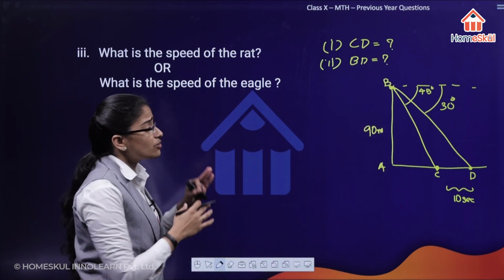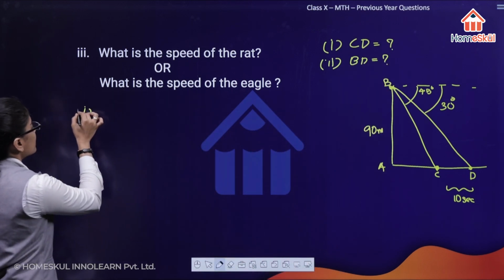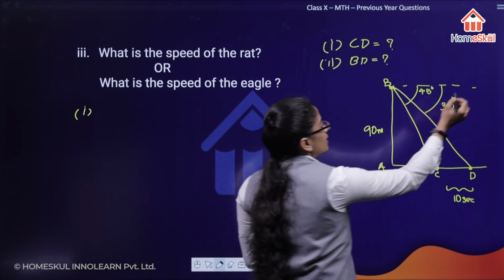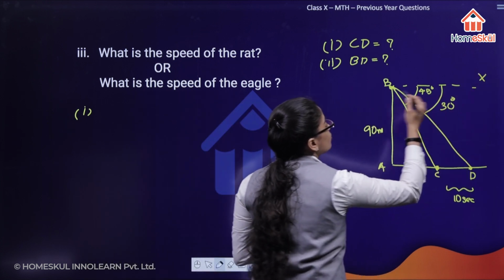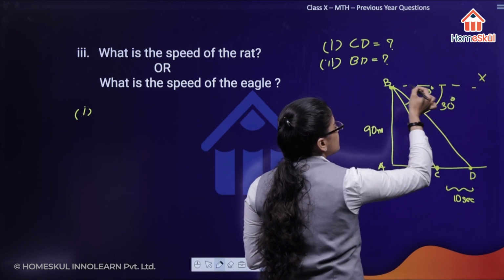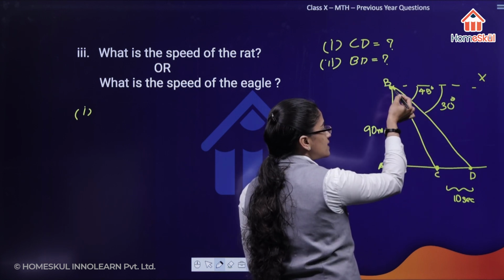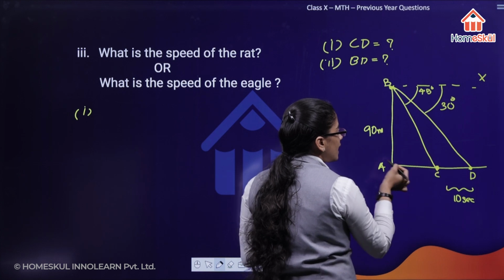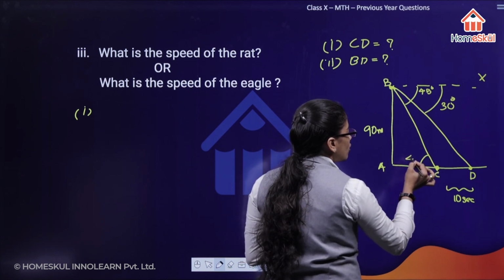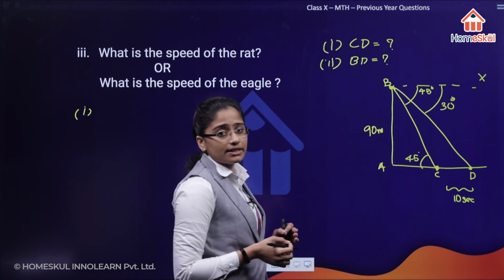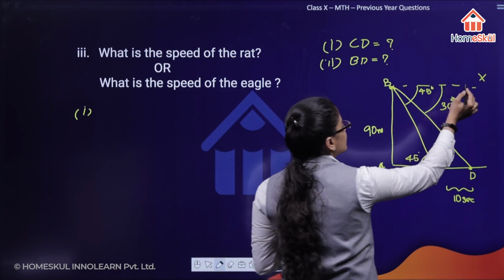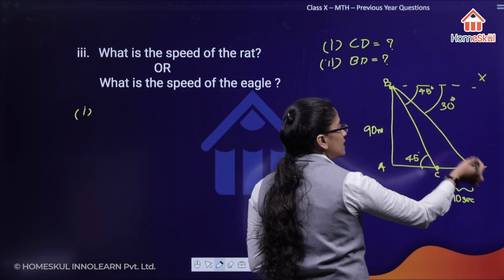So, let's solve the first sub-question. Here, let's mark it as X. Angle XBC is 45 degree, which means we could consider angle BCA as 45 degree. Alternate interior angles, right? Similarly, angle XBD is 30 degree.